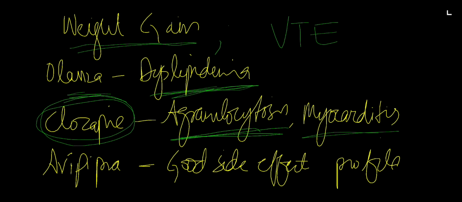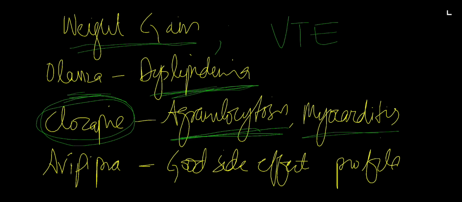We never use this one as a first one. If we have to prescribe atypical antipsychotics, go for the others. If they are not working, then come to clozapine, because you can see a serious side effect profile related with clozapine. Aripiprazole has a better side effect profile as compared to the other atypical antipsychotics.